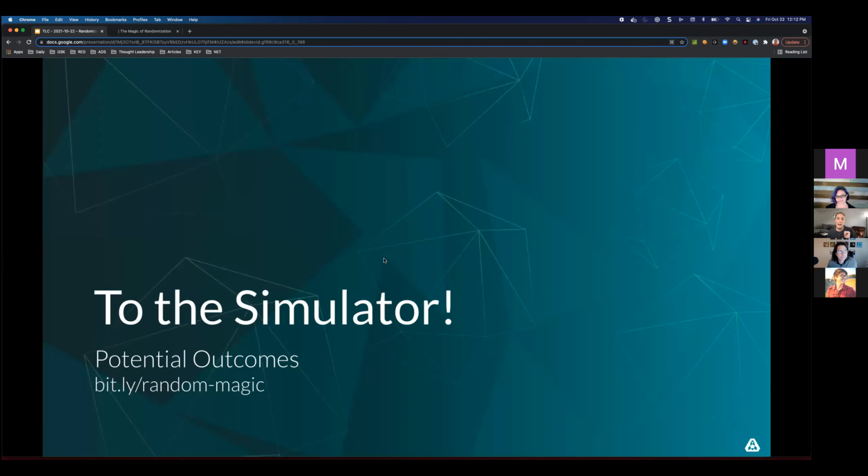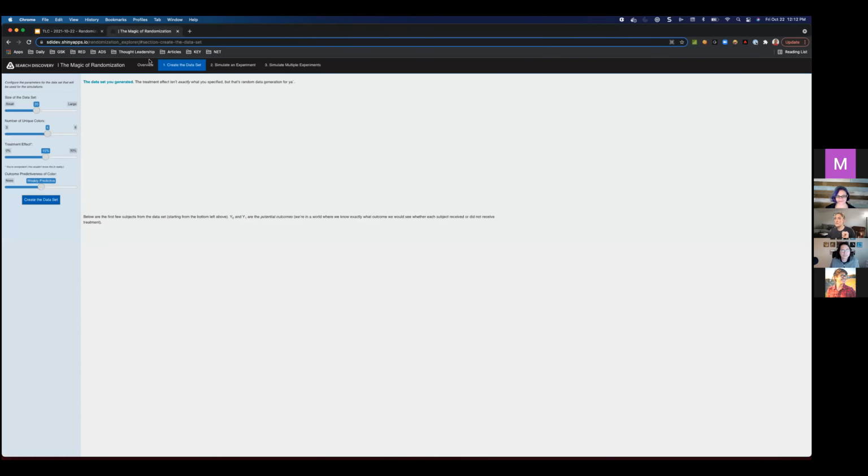So with that, we're actually going to jump into a beautiful simulator that we have made, which I'm really excited about, and show you how when we build a data set here, we can actually hypothetically see the whole schedule of potential outcomes. So we'll start with a large one, why not?